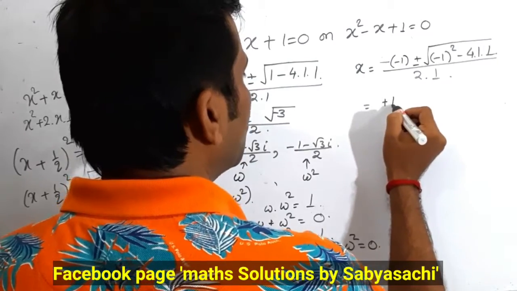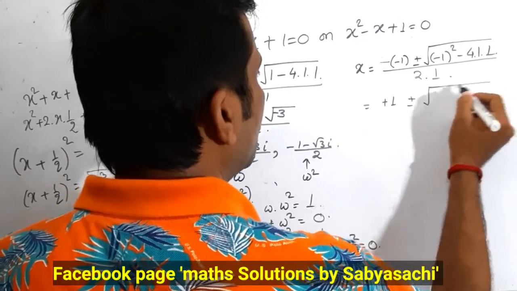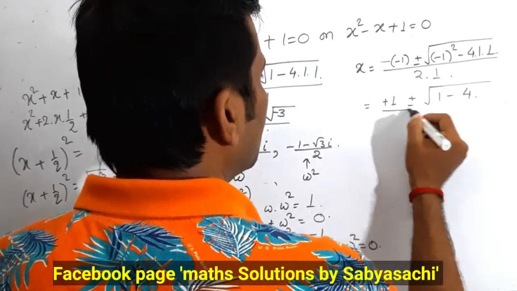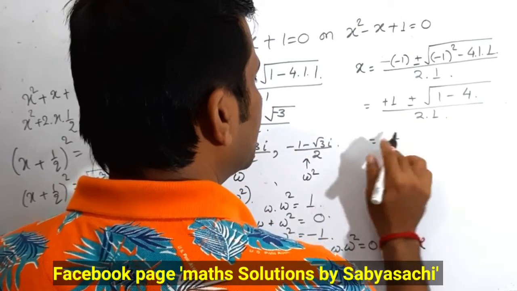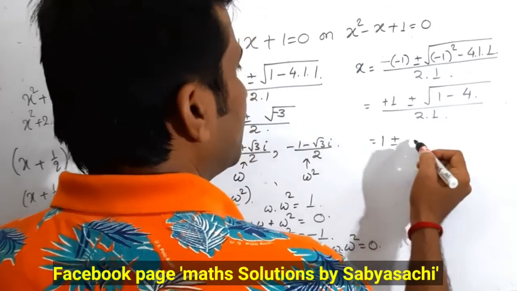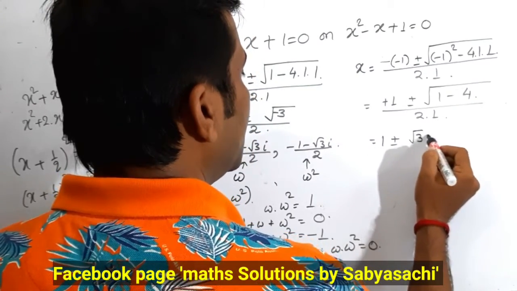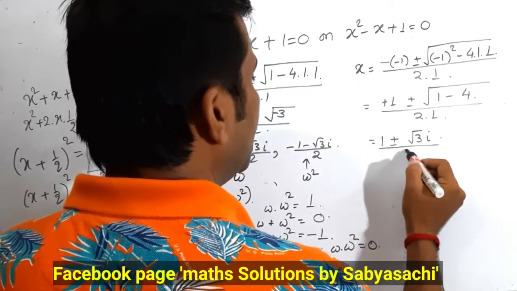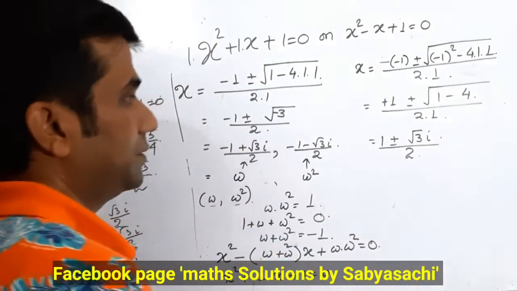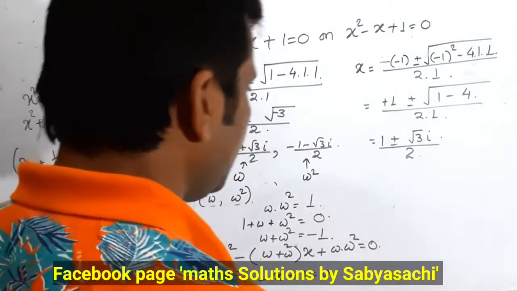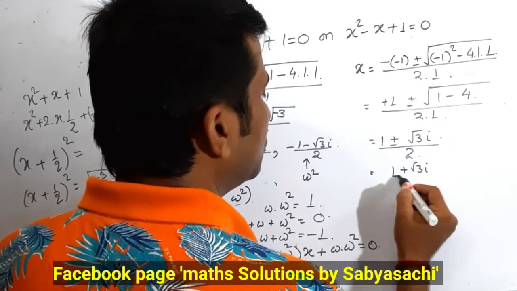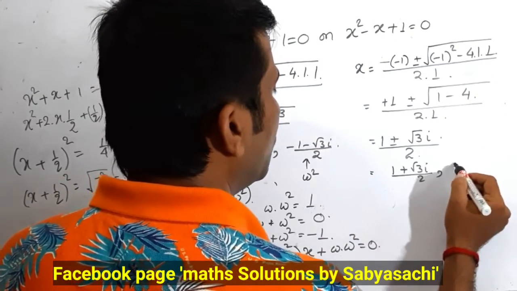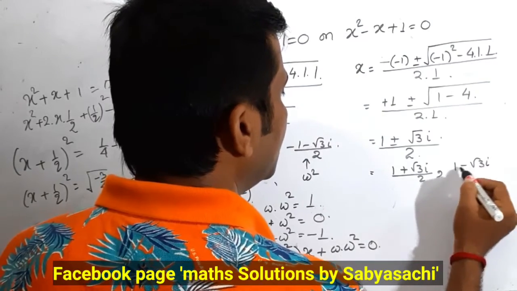That means plus 1 plus minus root of 1 minus 4, by 2 into 1. That means plus 1 plus minus root 3i by 2. That means 1 plus root 3i by 2, 1 minus root 3i by 2.